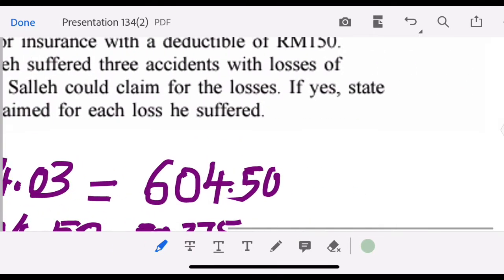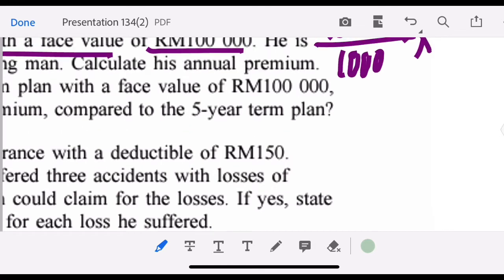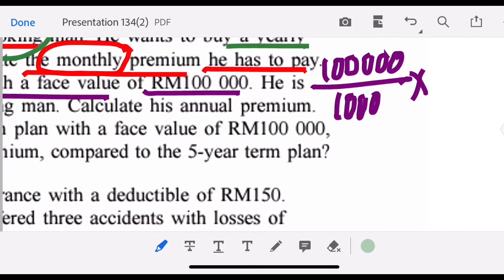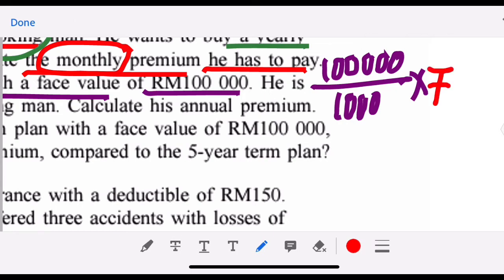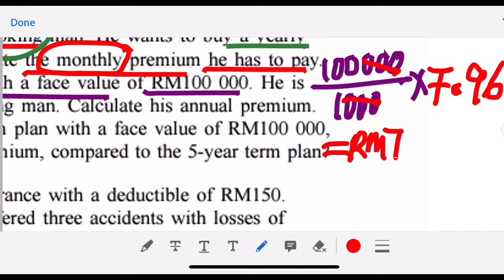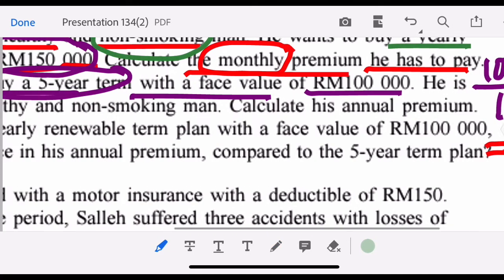So you take 100,000 per 1,000 times 7.96, which is the rate from the table. So the answer is just RM 796.00.